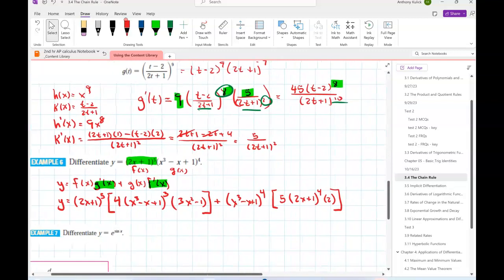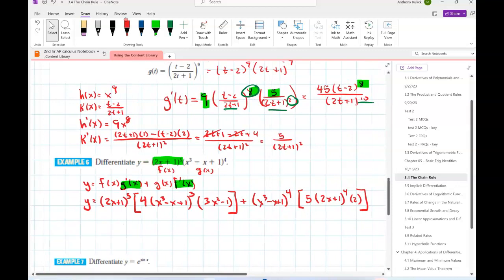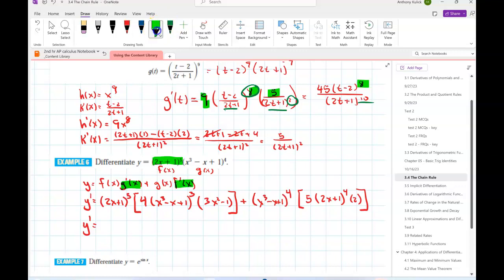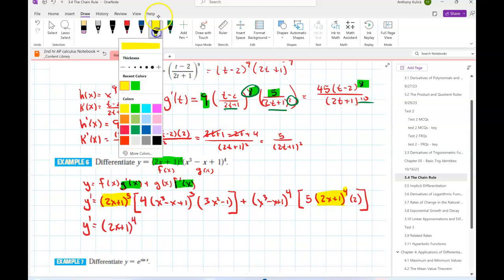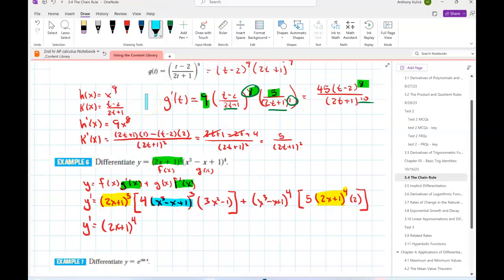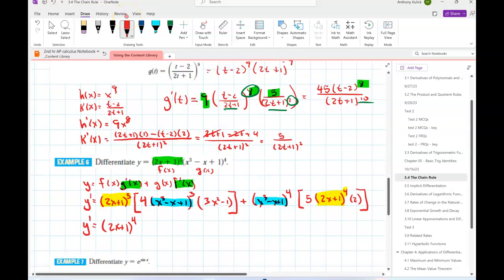All right. Now here's the lousy part. How are we going to simplify this? Here's what we're going to do. If I look at this piece and this piece, I have a greatest common factor of 2x plus 1 to the 4th, correct? If I look at this piece and this piece, I have a greatest common factor of x cubed minus x plus 1 to the 3rd.